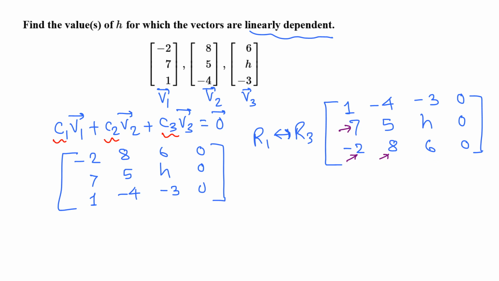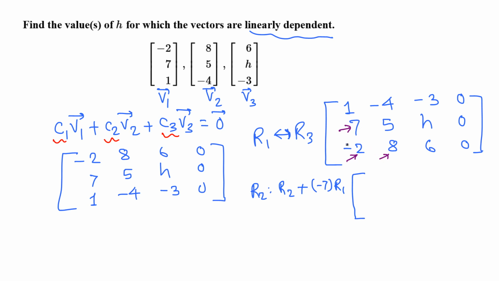Looking at this, we can do two things at the same time. Let's make this 0. For that, we can do R2 plus -7 times R1. That makes this 0.